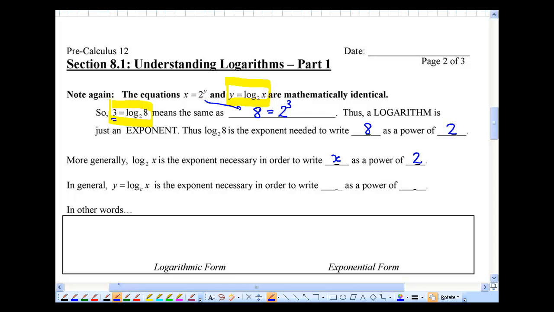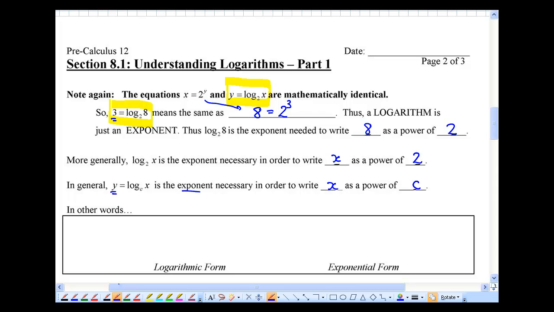And even more generally, if I have y equals to log base c of x, well, that y, okay, is the exponent necessarily used in order to write x as a power of c.